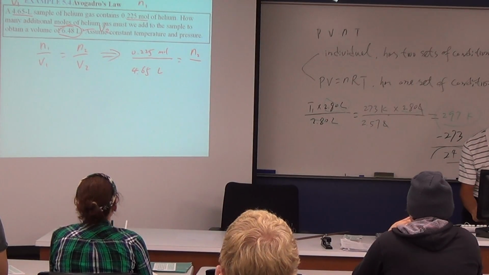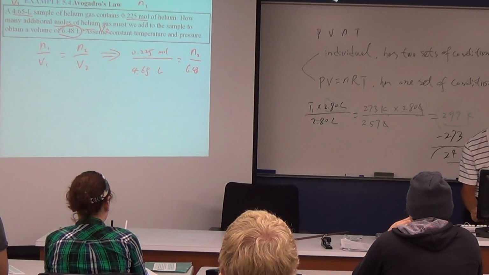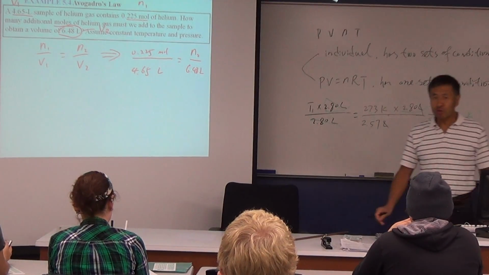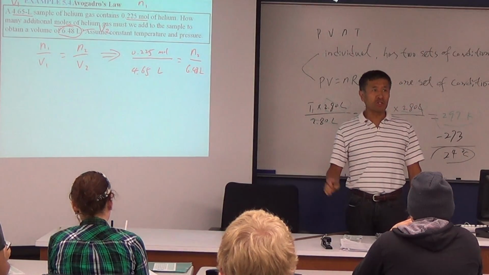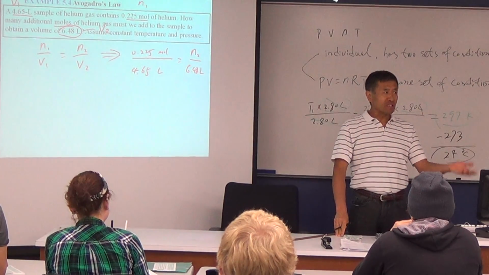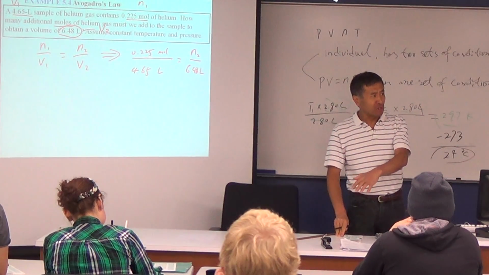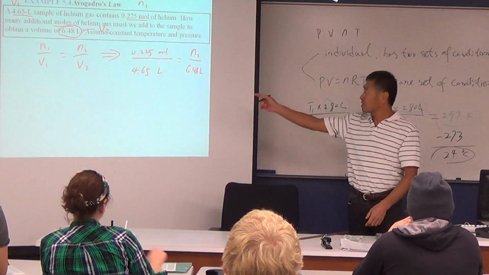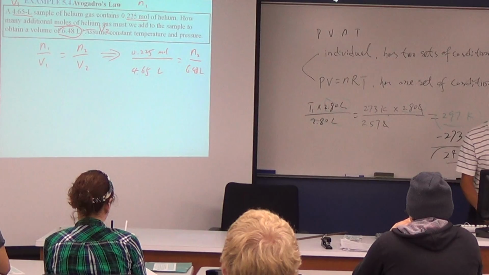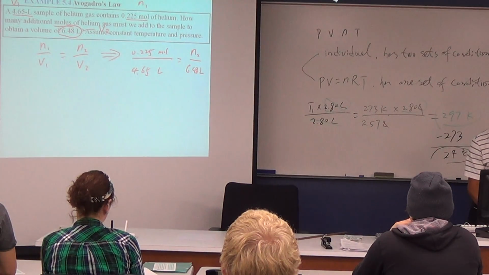And then you have V2, 6.48 L. So I choose the n, whatever you want to find out, just write that on the top. And the second thing to remember, 1 is always on one side, 2 is on the other side. Then you just multiply this 6.48 out, and you get n2 right away.